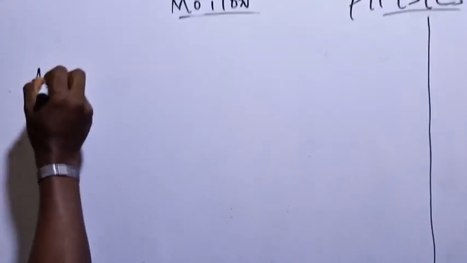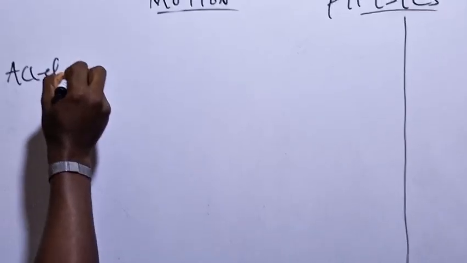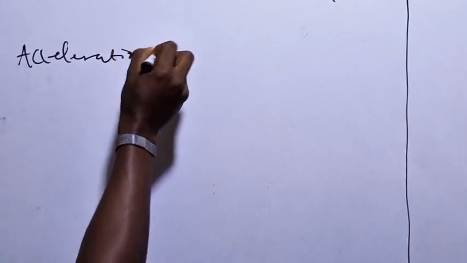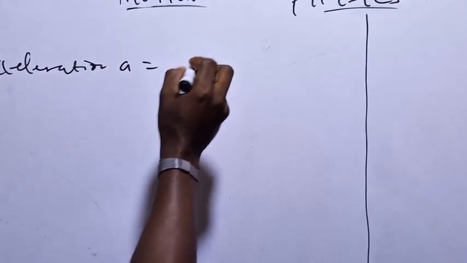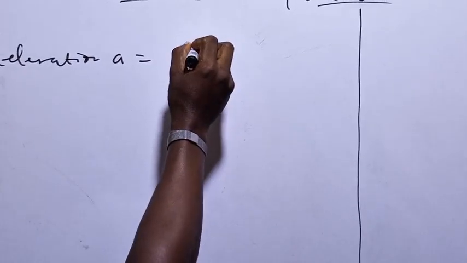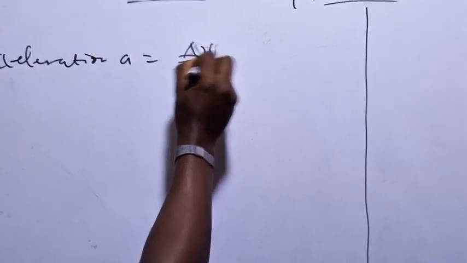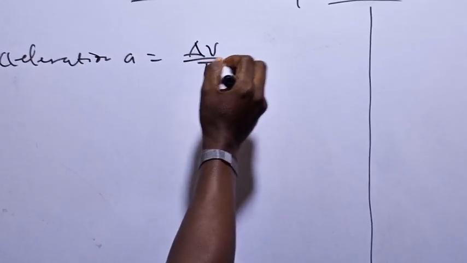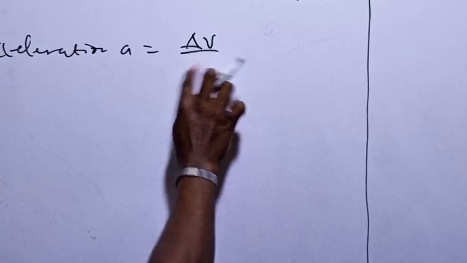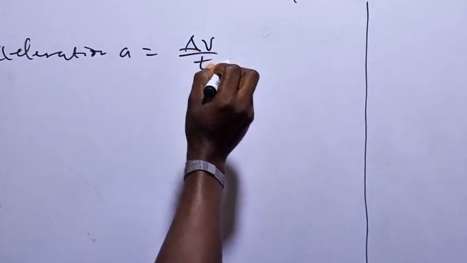Acceleration a is the change in velocity over time. Our time taken, we use small t rather, so that won't be period.